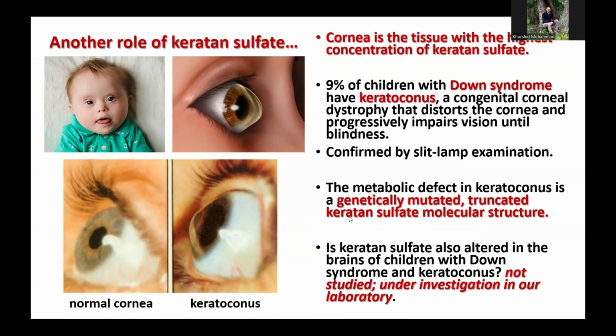And so if you have infants born with Down syndrome, they should be seen for the first year or so by an ophthalmologist to do a slit lamp examination and ensure that they're not developing keratoconus.